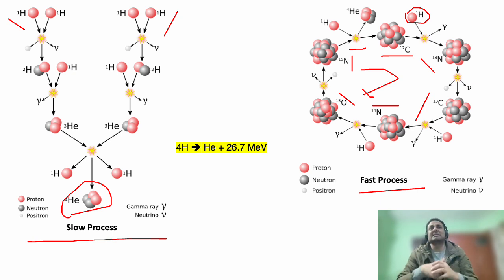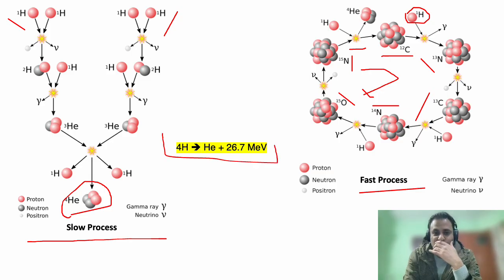So the massive stars die earlier than low mass stars like our sun. Both processes are equivalent. In one reaction, they both release 26.7 MeV energy.